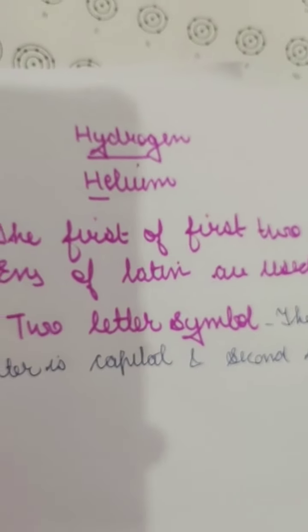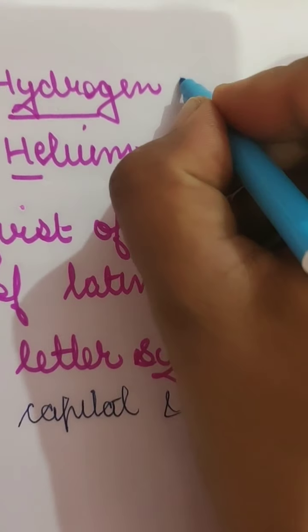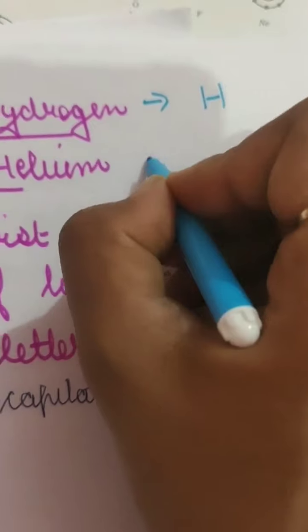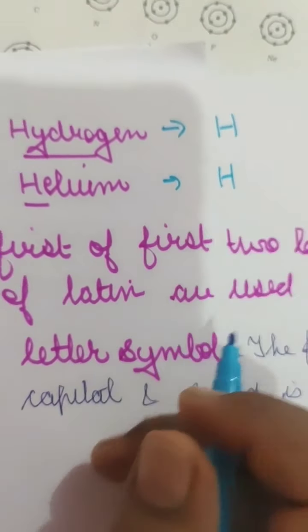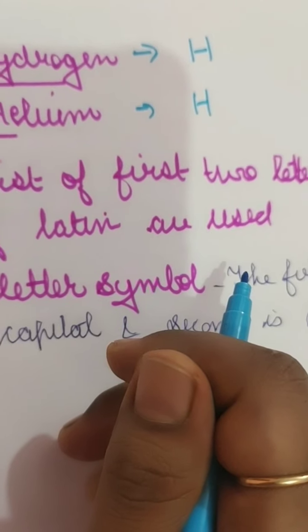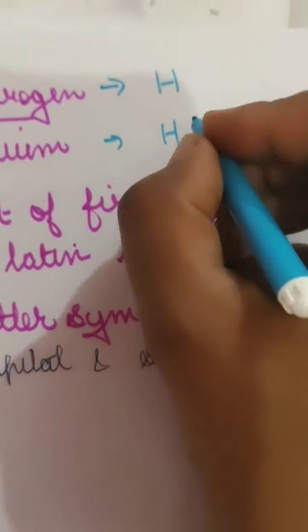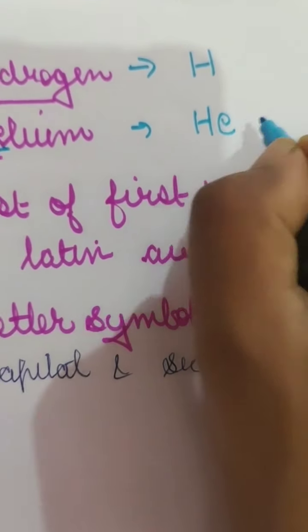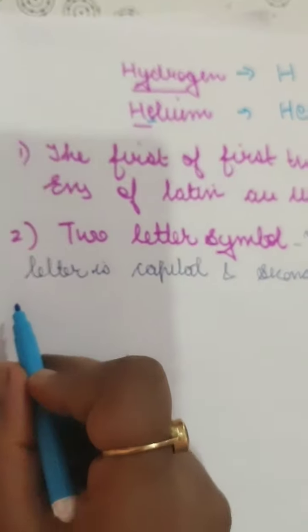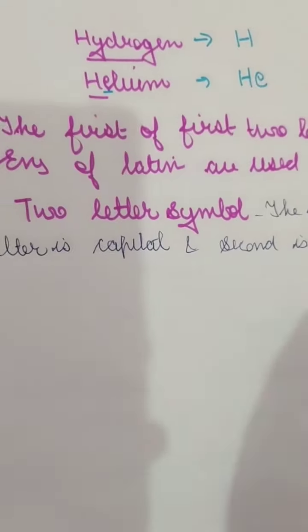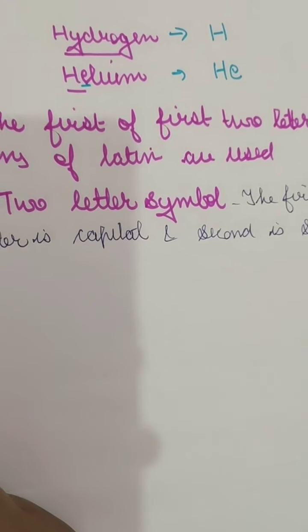So for hydrogen we will use the first letter, that is H, but in the case of helium the first letter is also H. If we write only H here, it will be confusing whether it's hydrogen or helium. So in that case we use the second letter as well, which is E. It will be He, and this E will be small, because the rule is that in two-letter symbols the first is capital and the second one is always small.